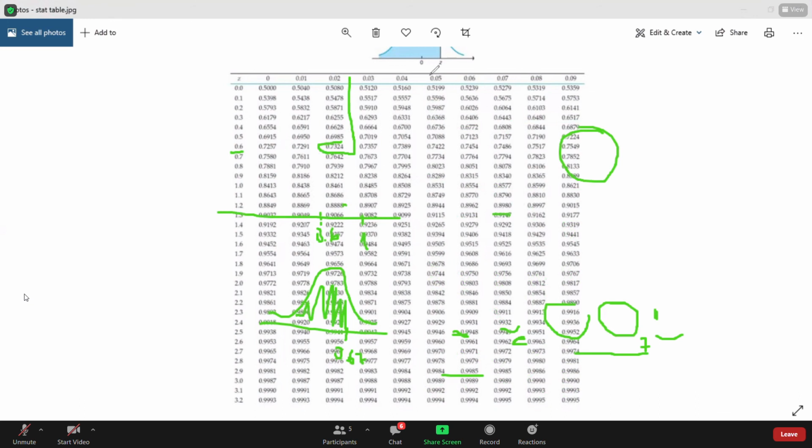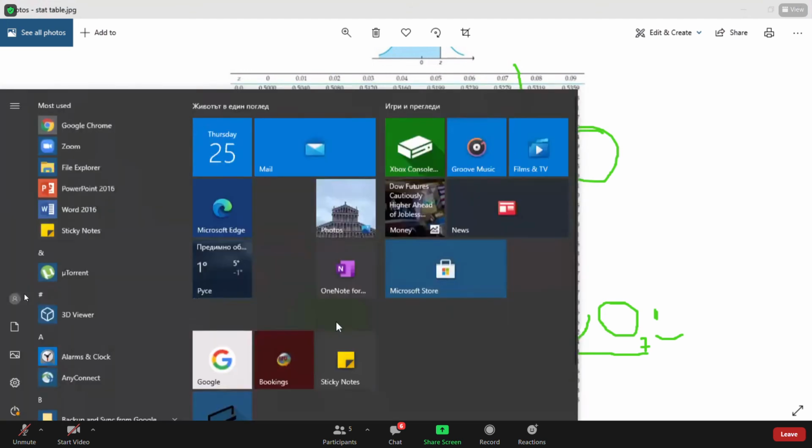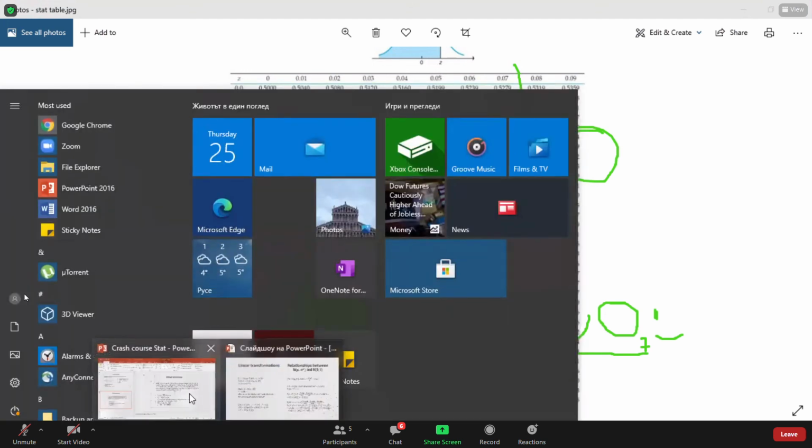Sorry, we're searching for 67. So we're again searching for the 6 until the 7th one. The 7th one is here. So our number is 7486. So just remember 7486. Go back to our slide.